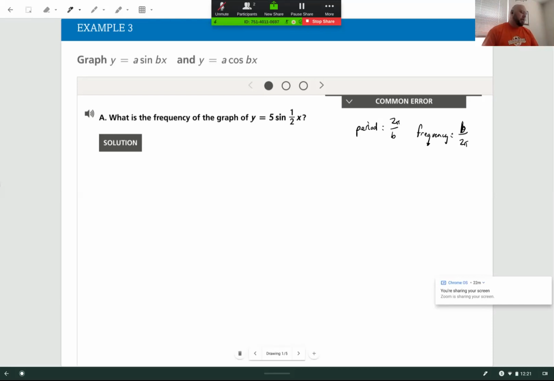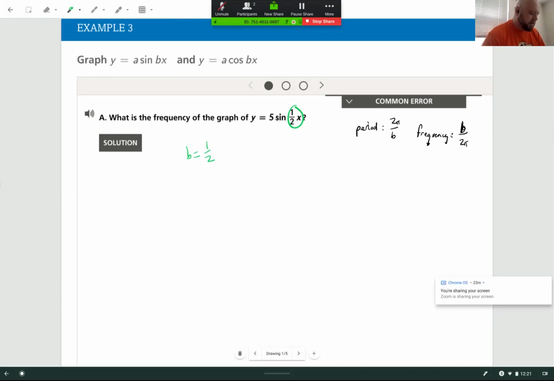Okay, example 3. What is the frequency of the graph y equals 5 sine 1/2 x? So what I want to do is figure out what is my b value. And remember, b is always the thing that comes after your trig function, the number that's in there. So b is 1/2.